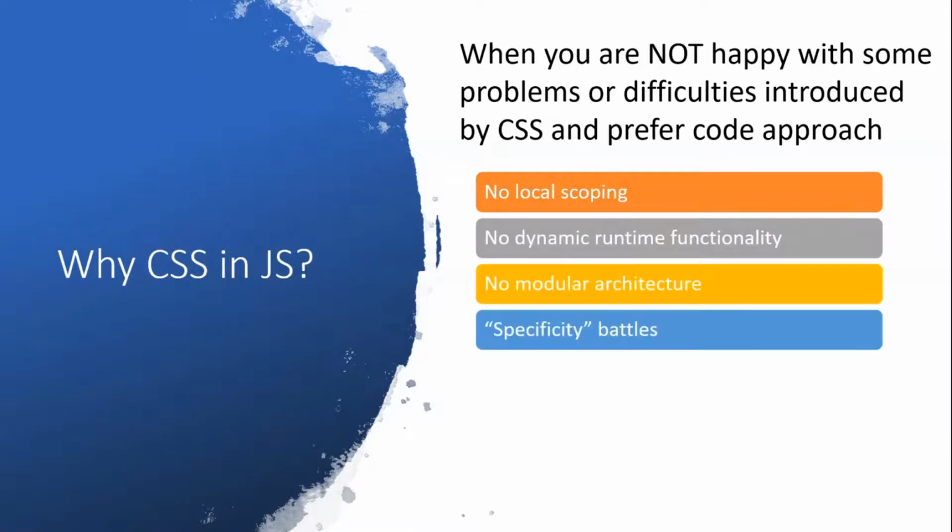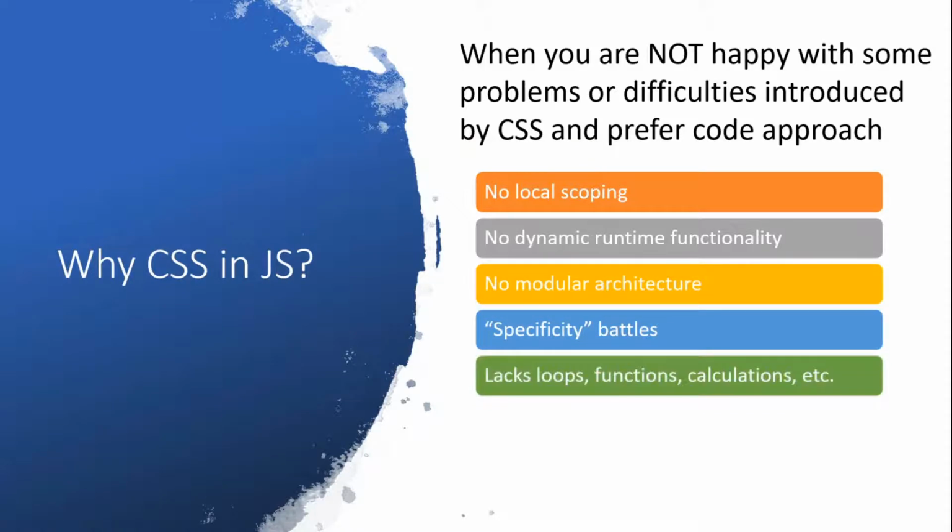You don't have, for example, dynamic runtime functionality. You do not have modular architecture. Probably you know about these specificity battles, etc. And that is why you can handle all these situations using the CSS-in-JS approach and even more.